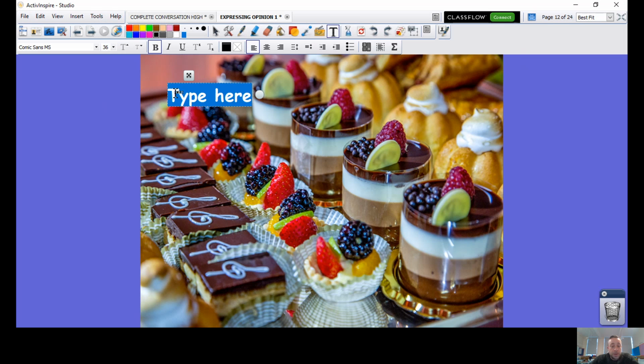Now they look delicious, so I would have to write a sentence like this. My sentence starter. I'm going to put that in another colour so you can see that a little bit better. Let's do it in blue. Me encanta. I love them. Porque es, because it is. Delicioso, delicious.